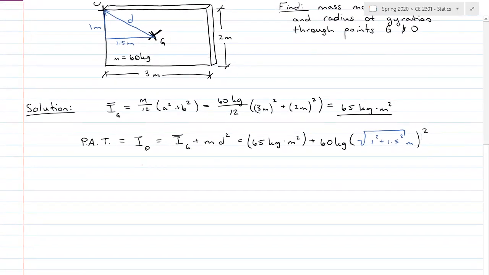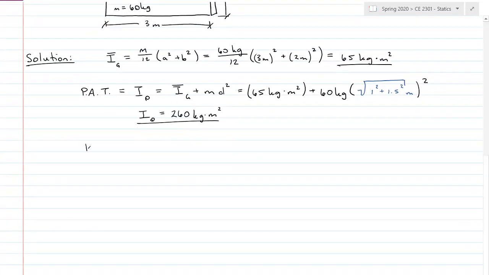Doing some math, I find that the mass moment of inertia about an axis through point O is equal to 260 kilogram meters squared. Now that I have those, I can find k_G, which is going to be I_G, 65 kilogram meters squared, divided by the mass, 60 kilograms, and take the square root.